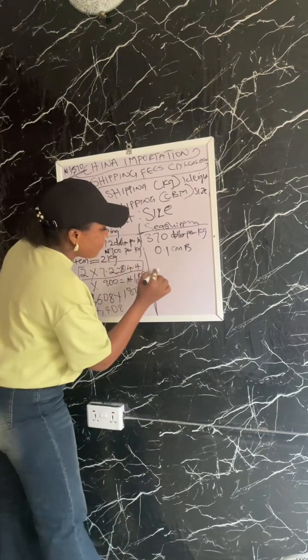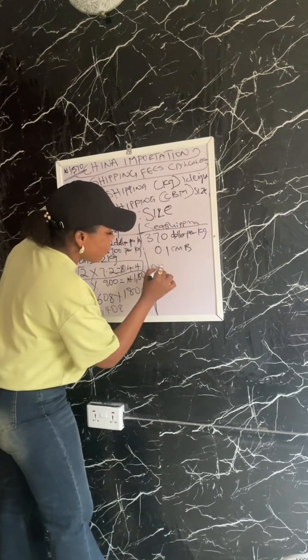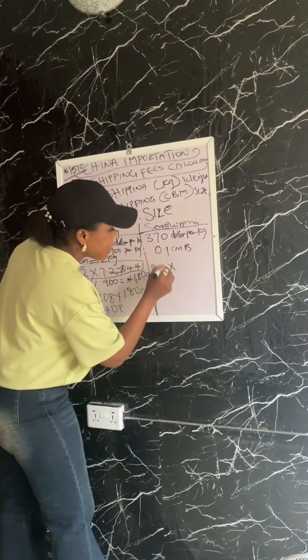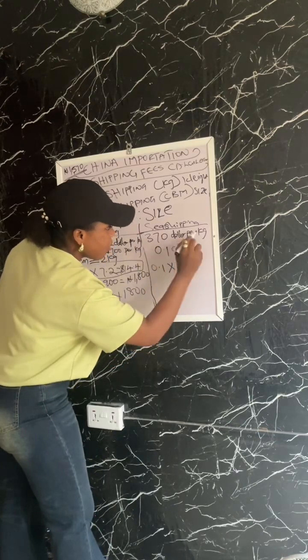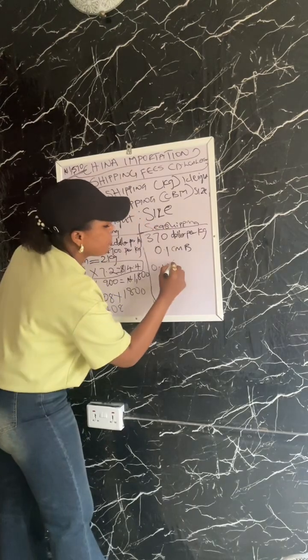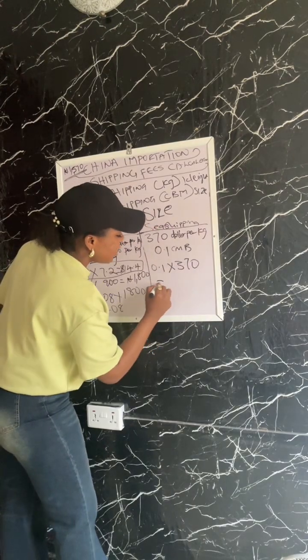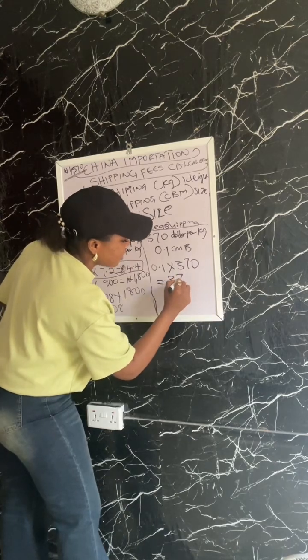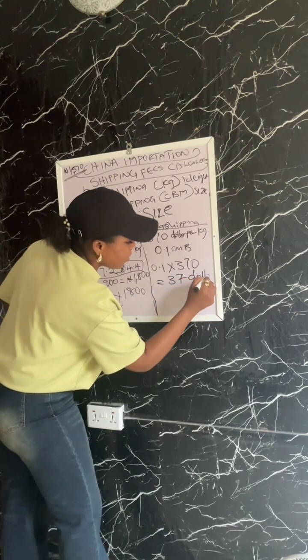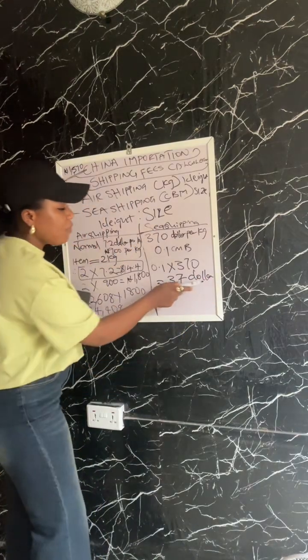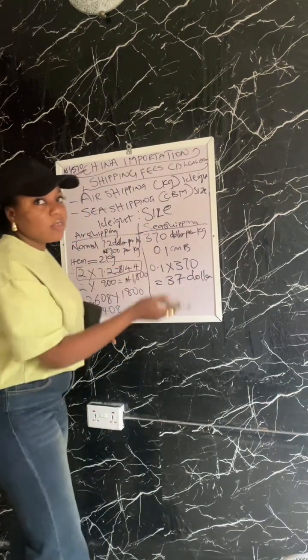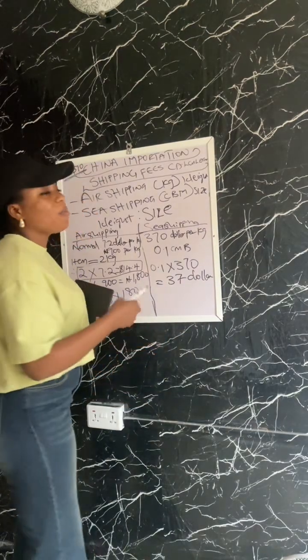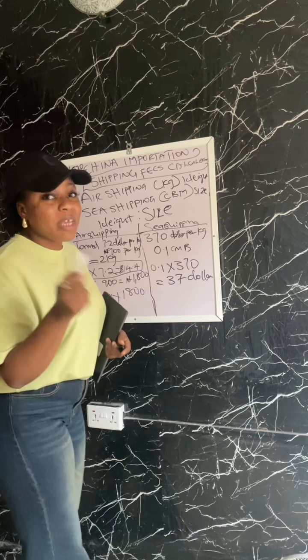Next is to multiply the 0.1 CBM times the dollar rate for 1 CBM, giving us $37. Now, you cannot pay $37 like that. Most shipping companies don't even accept payments in dollars.